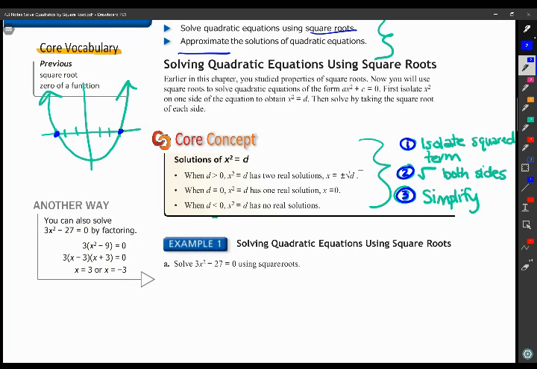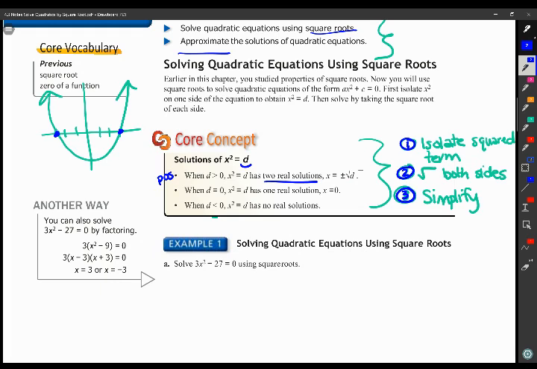Now, when I do those things, a couple of things can happen. When I have this squared term, whether that's a letter squared or parentheses squared, the number it's set equal to, once I isolate it, determines a couple of things. If this number D is greater than 0, which means it's a positive number, then I end up with two real solutions: a positive of that number and a negative of that number.